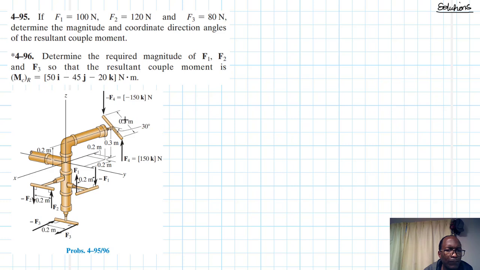Okay, so let's start with F1. Where is F1? Here it is. So F1, using the right hand thumb rule, is negative in the y direction, right? Let's draw. So it is something like so.